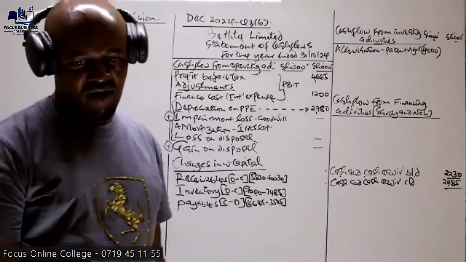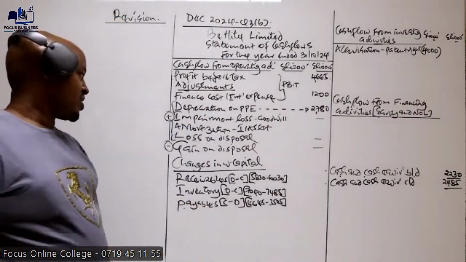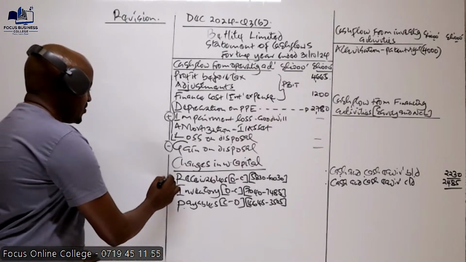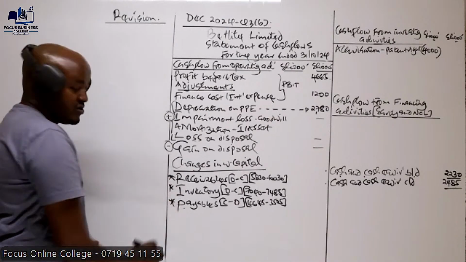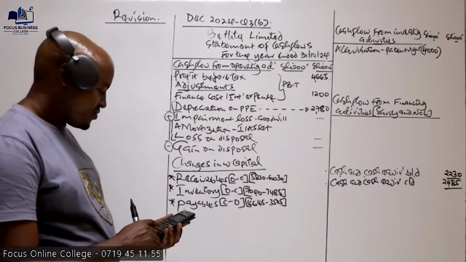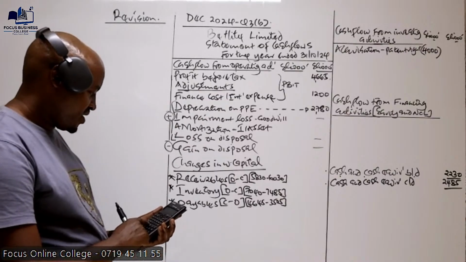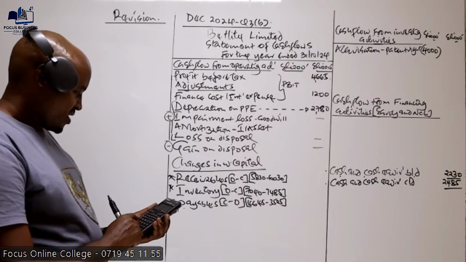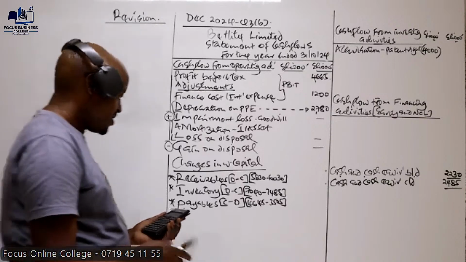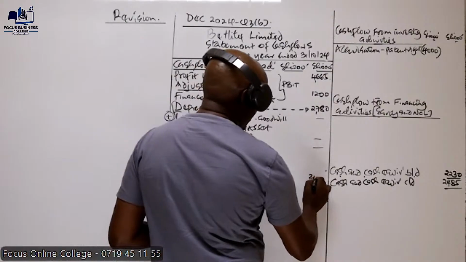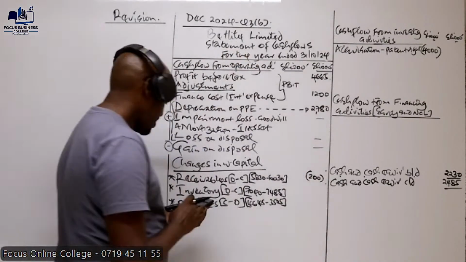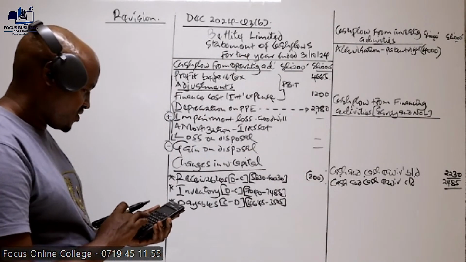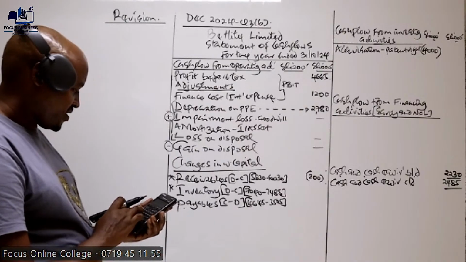Anytime you come across a question on cash flow, make sure you get those marks. So let's work this out. For receivables, 5830 minus 6030 gives us negative 200. What about inventory? We have 7040 minus 7485.